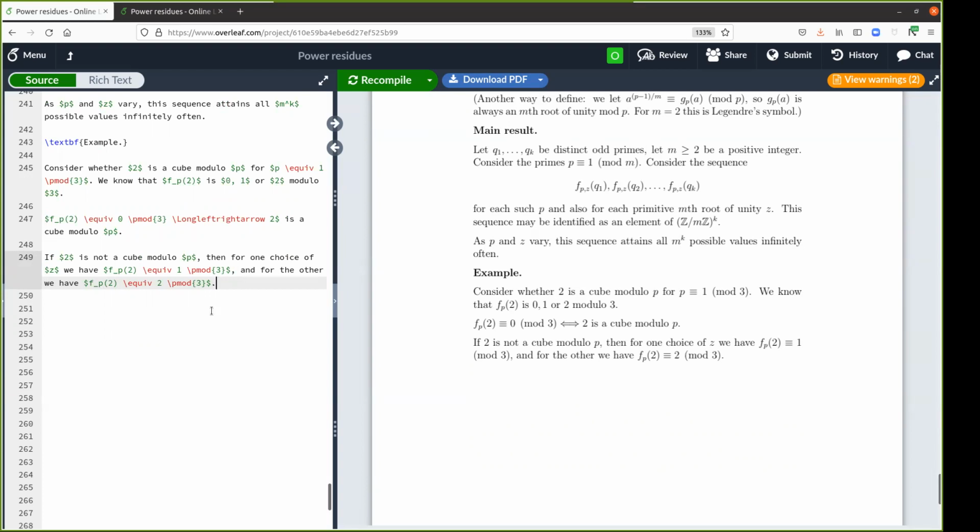I'm not sure if this is clear to you why this is so. Will there be exactly 2 such z? Yeah.